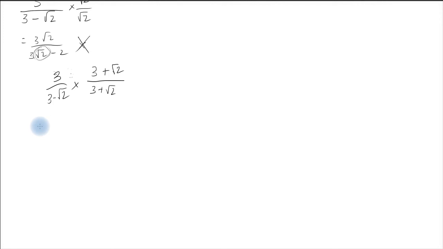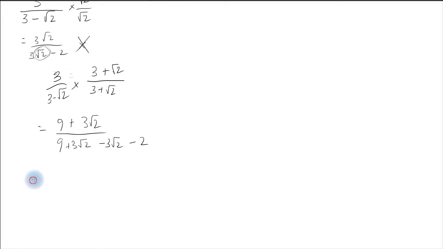We get 3 times 3 is 9, 3 times root 2 is 3 root 2. And on the denominator we get 3 times 3 is 9, 3 times root 2 is 3 root 2, minus root 2 times 3 is minus 3 root 2, minus root 2 times root 2 is minus 2.